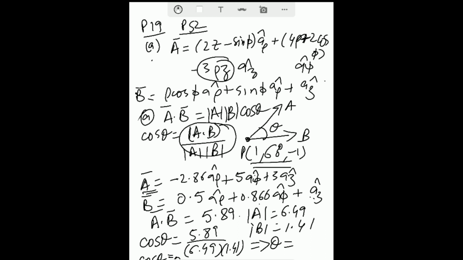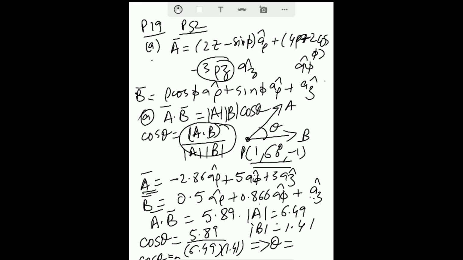So cosine theta is 0.6418, so theta is equal to 50 degrees.